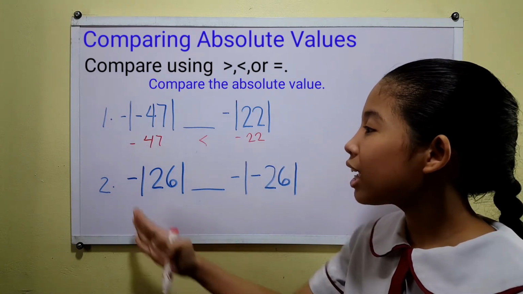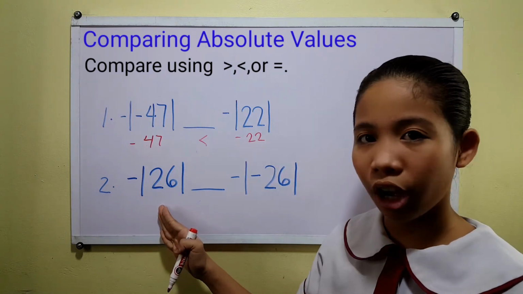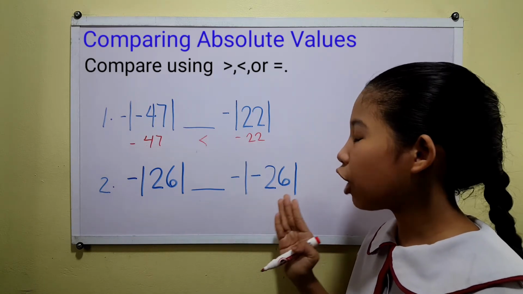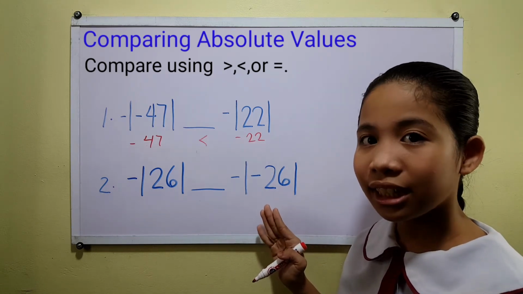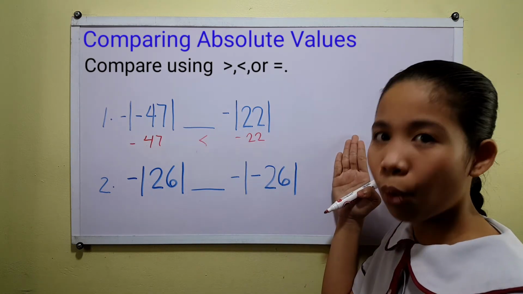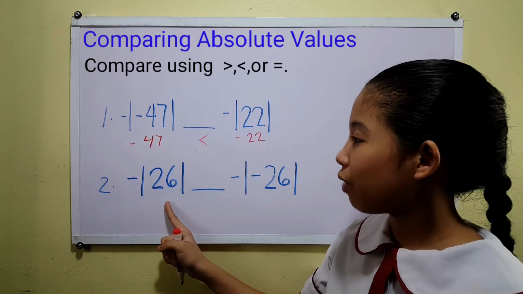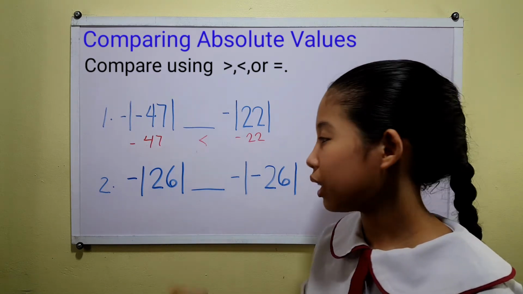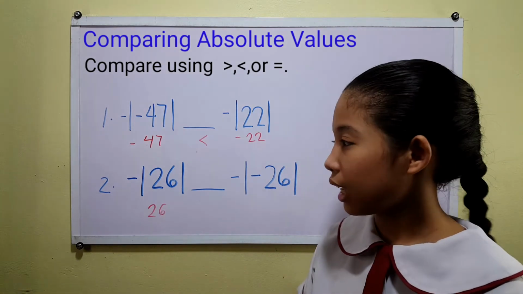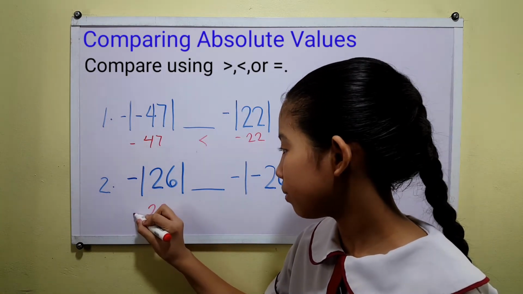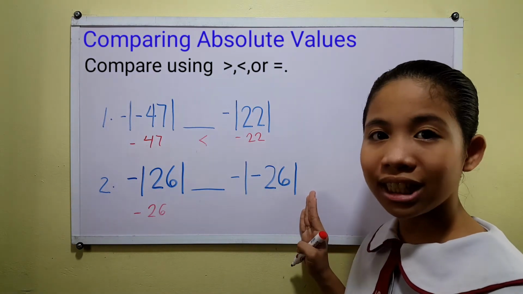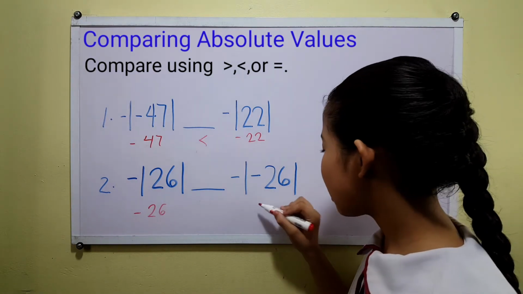Next, we have negative absolute value of 26 and negative absolute value of negative 26. So we will be doing the same thing we did in example 1. The absolute value of 26 is 26. Don't forget to copy the negative sign. Next, the absolute value of negative 26 is 26.